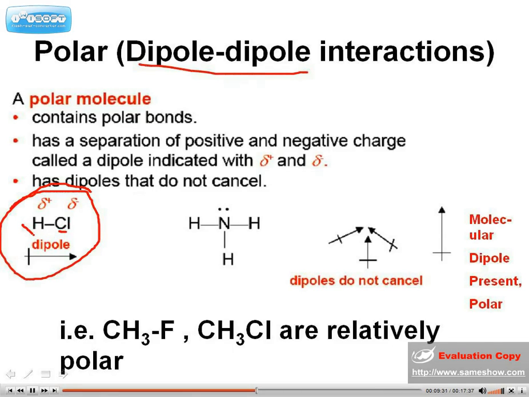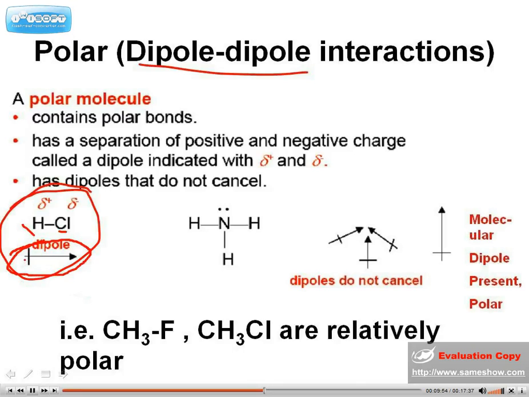When we have a bond where there are two different atoms, one atom will be a little bit more greedy with the electrons between the bond than the other. We call this electronegativity. So in this case, because chlorine is more electronegative than hydrogen, the electrons are going to be pulled to the right.